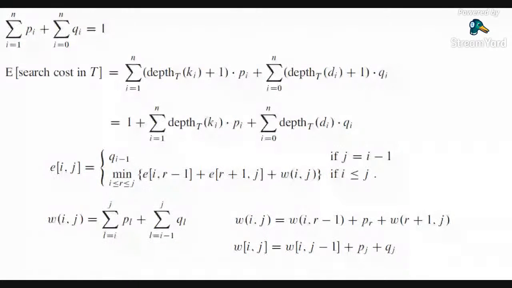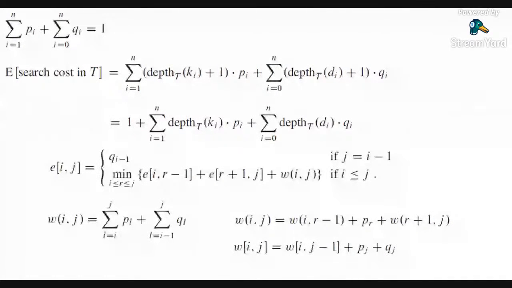So what can we write? 1 plus the summation of (1 plus depth of ki) multiplied by pi, and (1 plus depth of di) multiplied by qi. So this is the final cost. Why are we including plus 1? Because we have considered that the depth is starting from 0. If we consider that the depth would be starting from 1, then we would not have added 1 here.